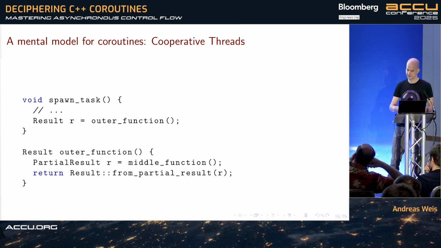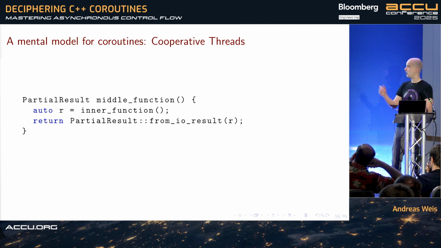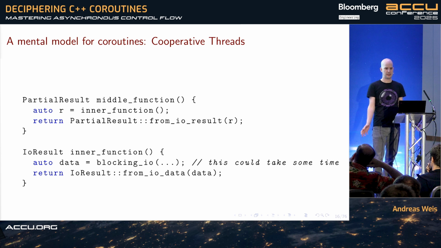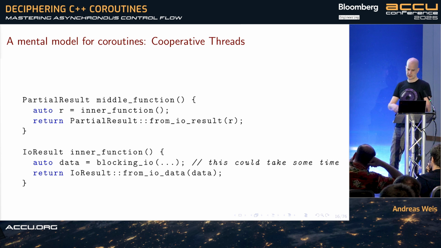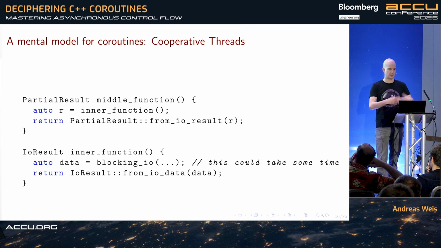It consists of several functions. We have an outer function that calls a middle function, and that middle function will call an inner function, and this inner function eventually needs to do some I/O, right? And the easiest way to do that is we just have a blocking I/O call, but this of course could now take some time until the device replies and we can continue.